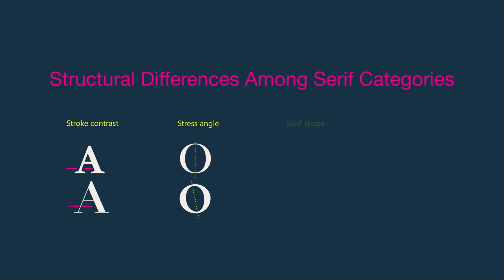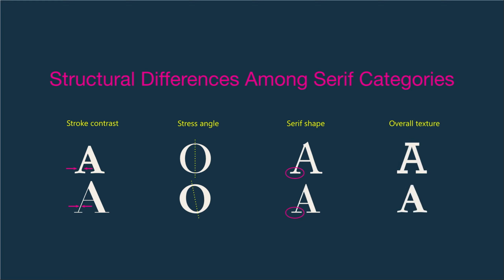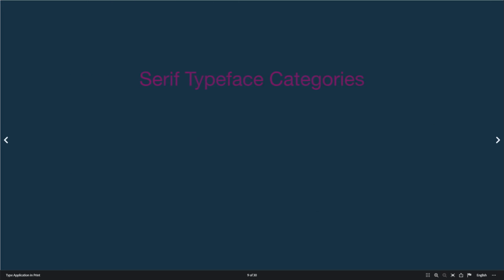Serif shapes also vary widely, from bracketed soft forms to thin, sharp hairlines, influencing how the text flows and reads. Finally, the overall texture and body of the text. Some typefaces create a dense, solid look, while others feel light, airy, or highly detailed. These variations combine to give each serif font its own personality and tone.